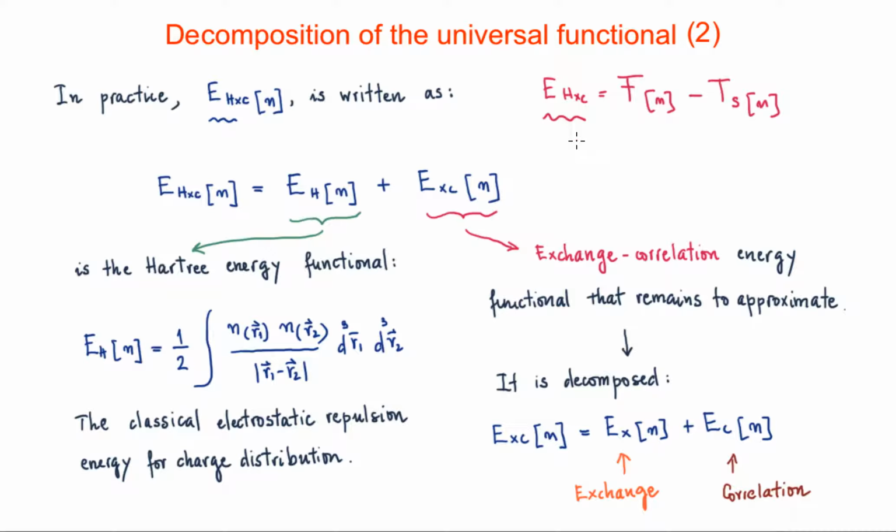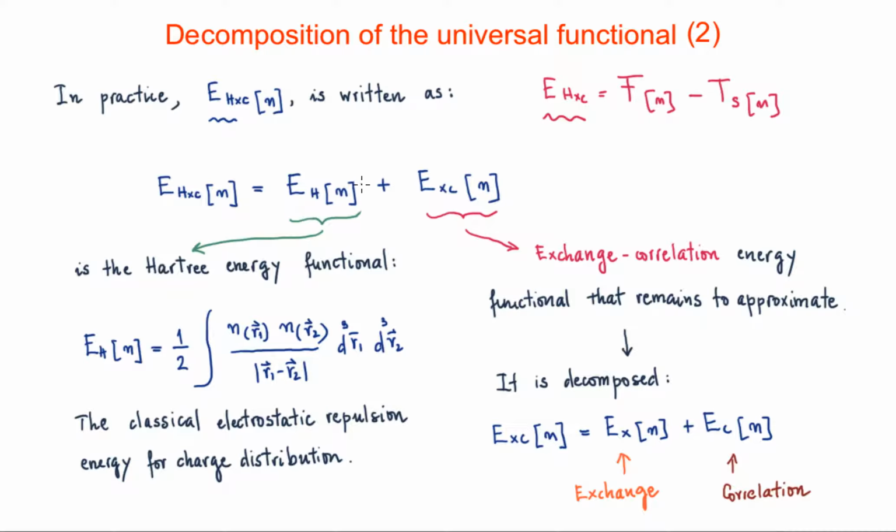So we're going to analyze how this term is usually decomposed. As a first step, the Hartree exchange and correlation energy is decomposed in these two terms. One is called the Hartree energy functional, expressed in this way, EH, and the other one is the exchange and correlation energy functional.